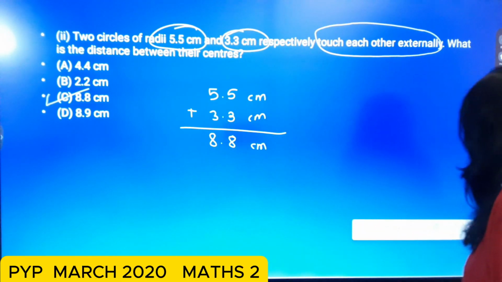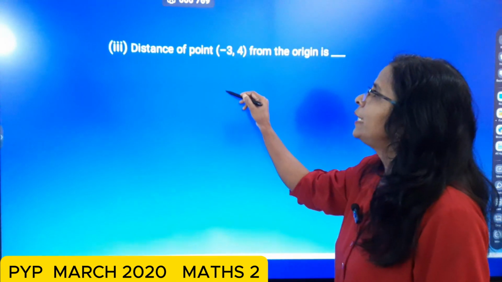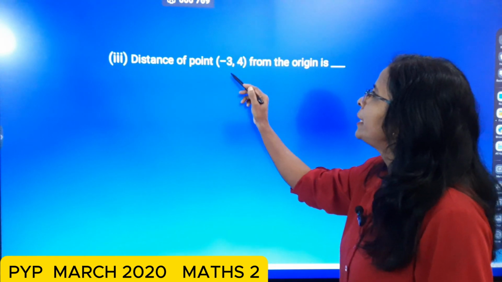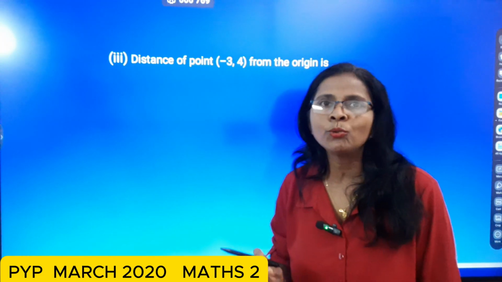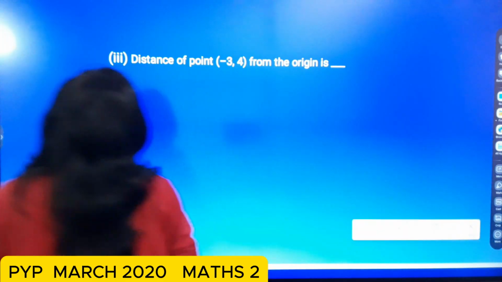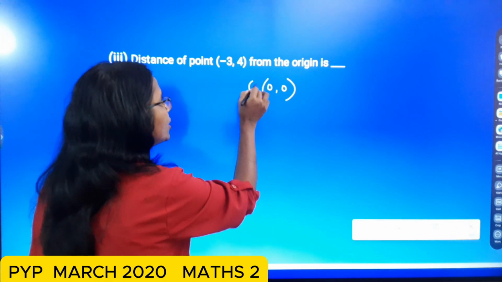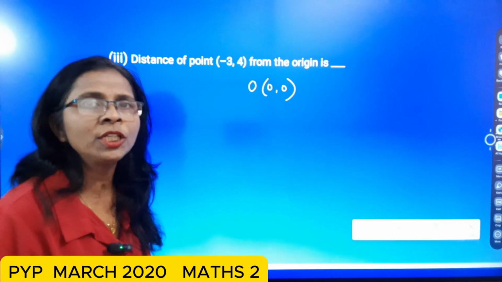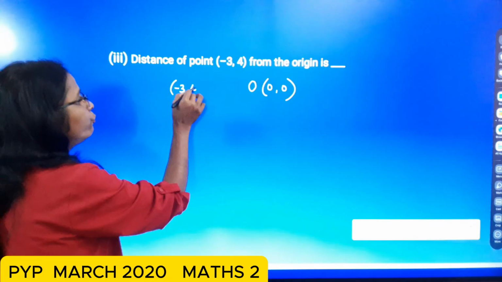Then, students, the next example: the distance of the point (-3, 4) from the origin is? The origin is nothing but (0, 0), and this point is (-3, 4).